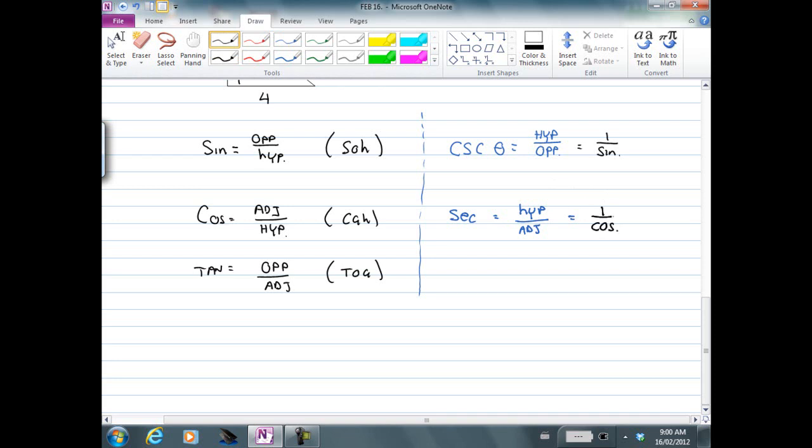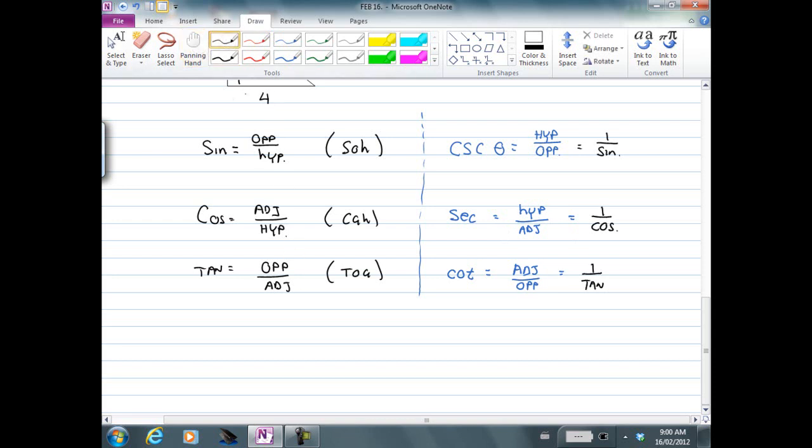I don't think you learned this in grade 10 or 11. If you're taking Math 12 already, you learned this already. Finally, the last one, cotangent. Cotangent, guys, you can actually write this on your own: adjacent over opposite, and this is 1 over tan. 6 trig identities you got to burn in your head.